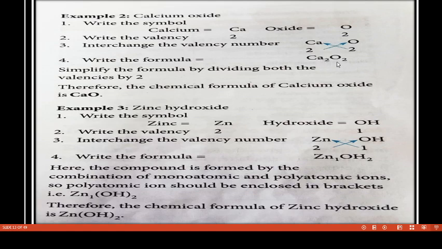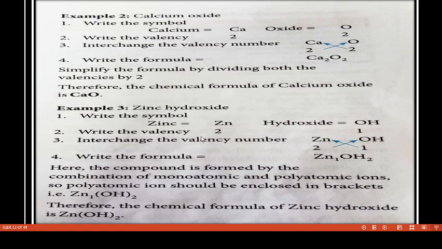See, Ca2O2, which means 2 by 2. So simplify the formula by dividing both the valencies by 2. 2 divided by 2 is 1, and this 2 divided by 2 is 1. So Ca1O1. Do not write the subscript if the valency is 1. Therefore the chemical formula of calcium oxide is CaO.